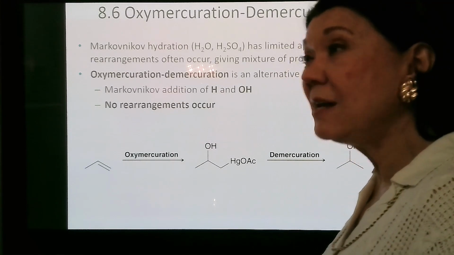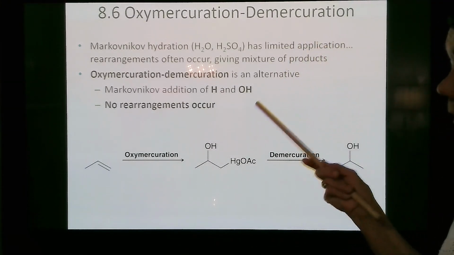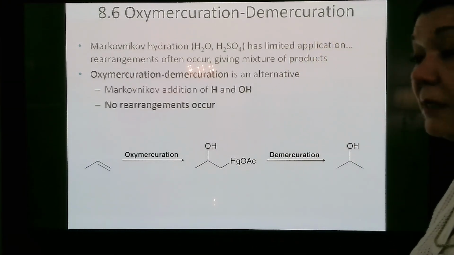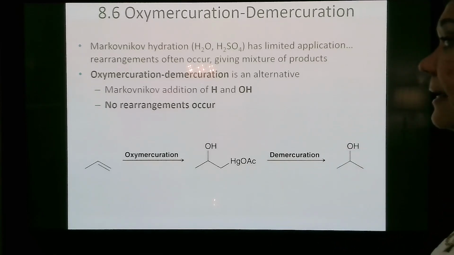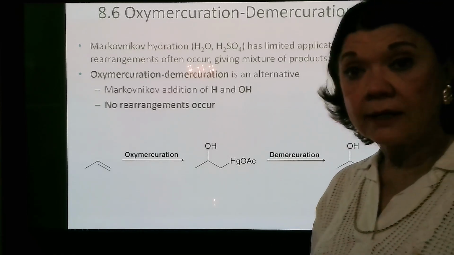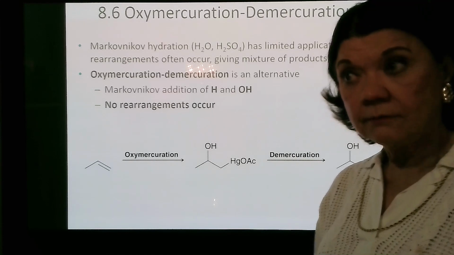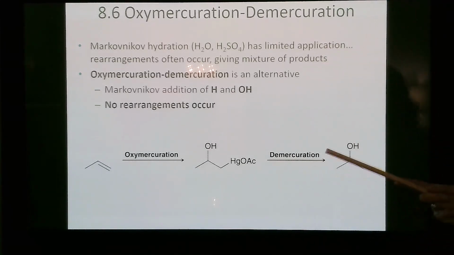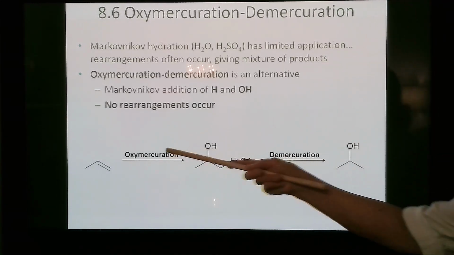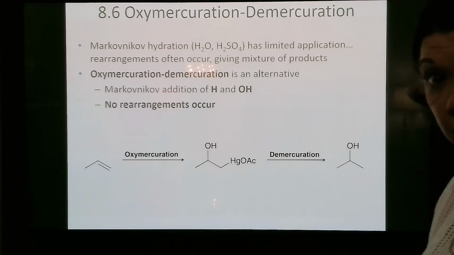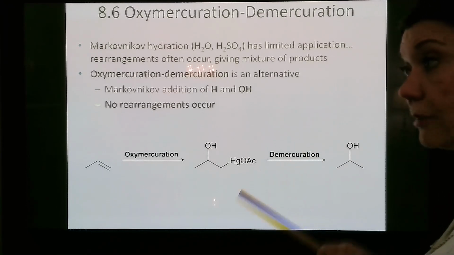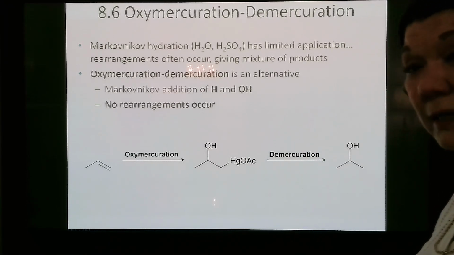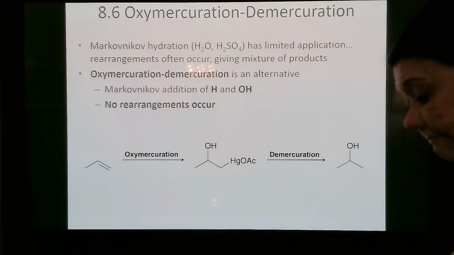So you can prevent rearrangement by going through oxymercuration, demercuration, instead of the acid-catalyzed hydration. Okay, so that's what made this reaction valuable. That's the benefit of this reaction: no rearrangement of the carbon skeleton.